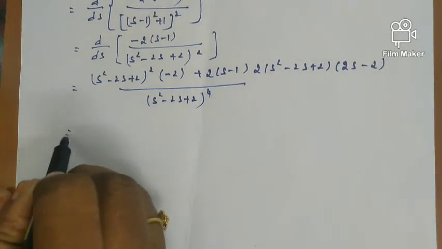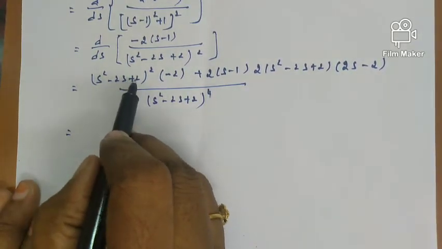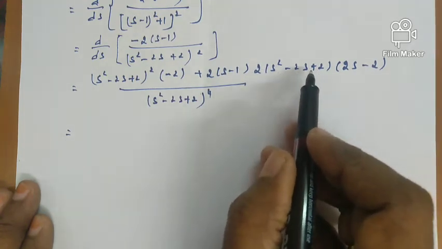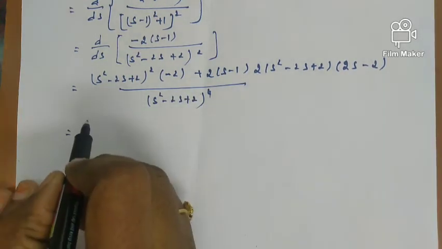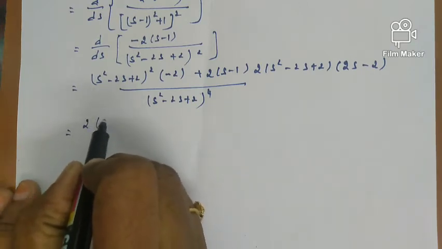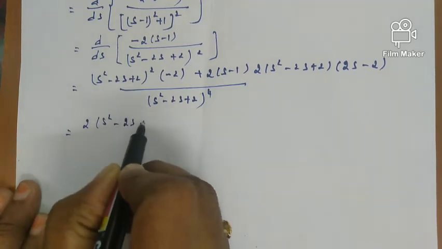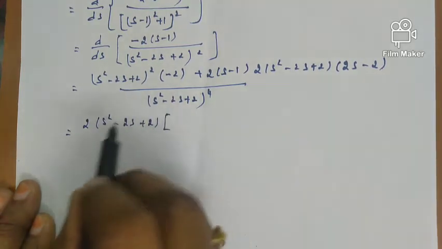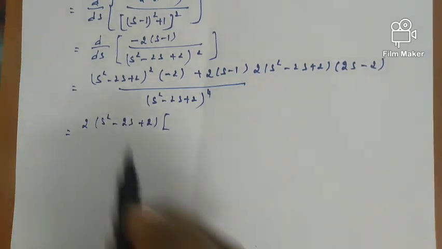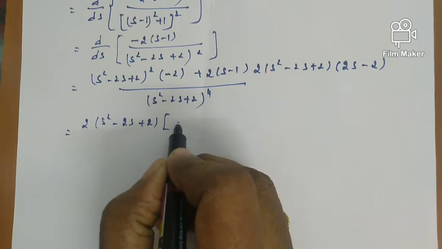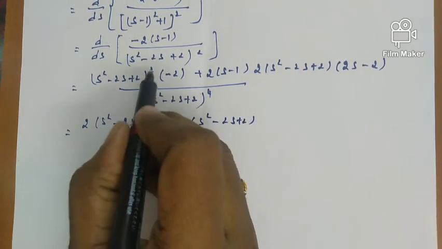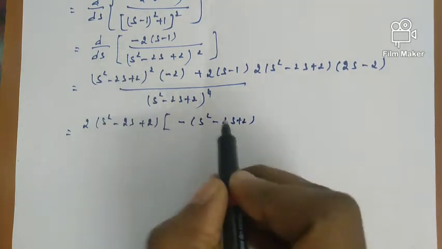So in the next step, look at here also (s square minus 2s plus 2) into 2, and here also 2 into (s square minus 2s plus 2). So on the whole, commonly we can take 2 into (s square minus 2s plus 2) outside. Okay, so write the remaining. What is the remaining here? Here we can get only minus (s square minus 2s plus 2), because here the power is 2, we have taken one term only, so minus is there.